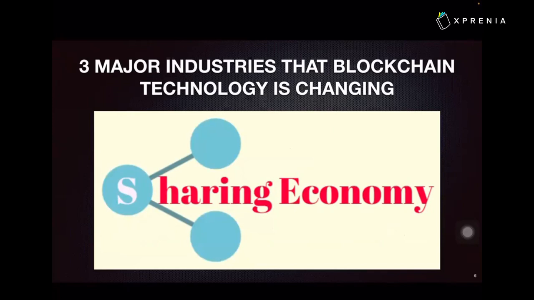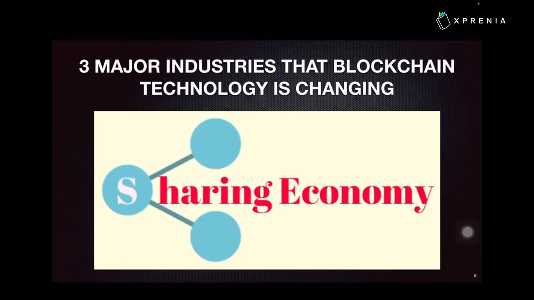This fledgling industry will grow to monumental proportions over the next few years. In 2014, the global P2P lending market, which is just one aspect of the industry, was valued at 3.5 billion. It is estimated to be worth 1 trillion by the year 2050.